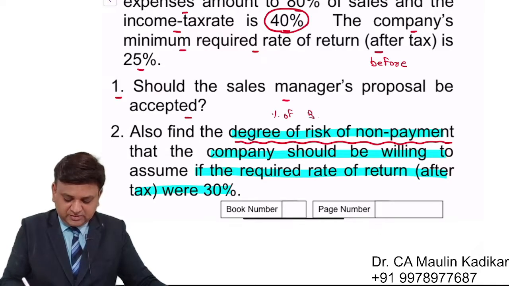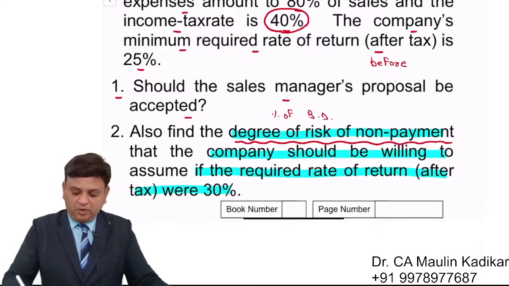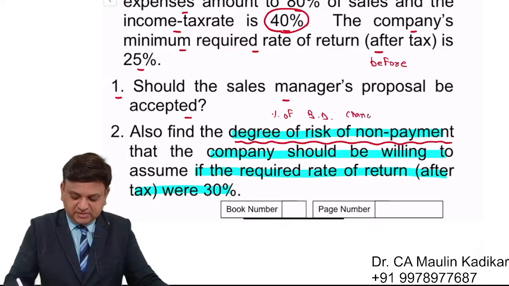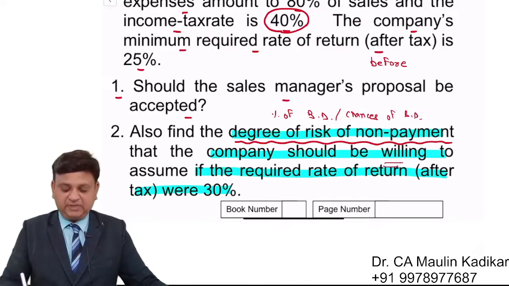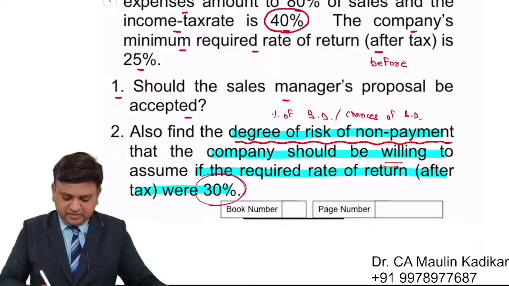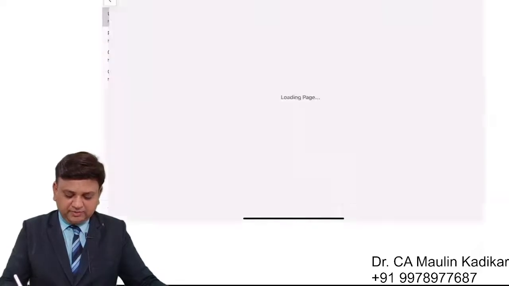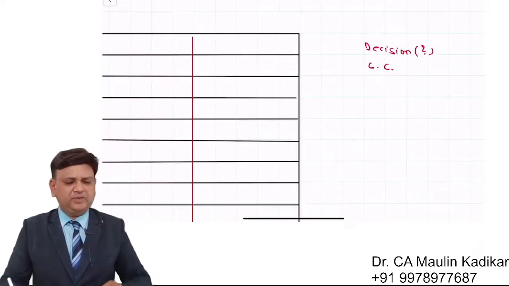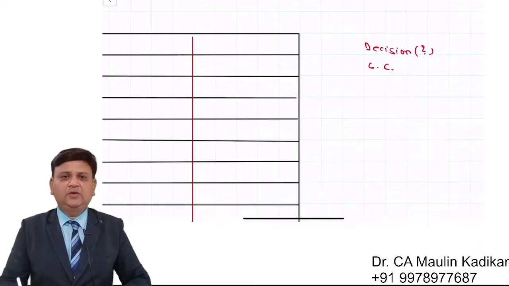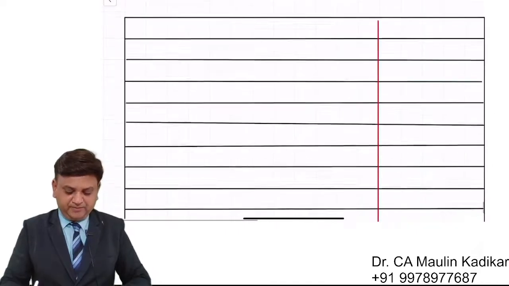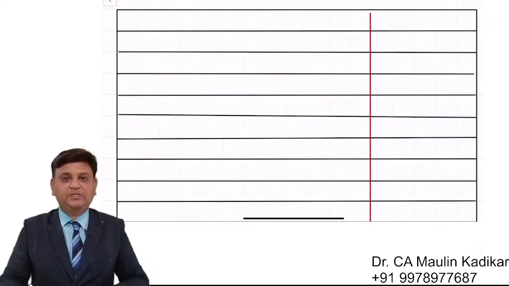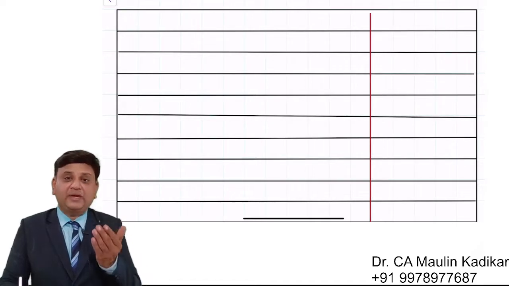Percentage of the bad debts, or the chances of bad debts which the company is willing to take, which the company is ready to take, if they want a return of 30%, for a discounting rate of 30%. That is what they have provided. Means in the second part of the question, we are required to give the answer in terms of the bad debts.